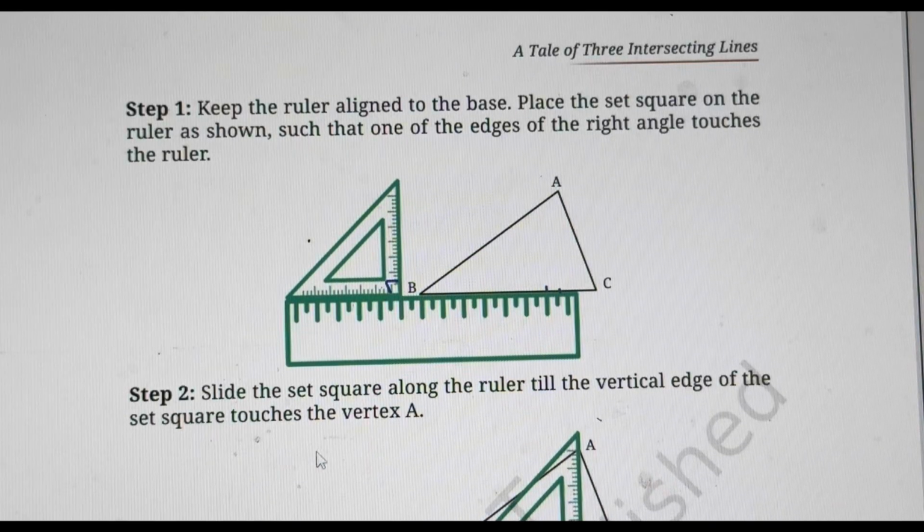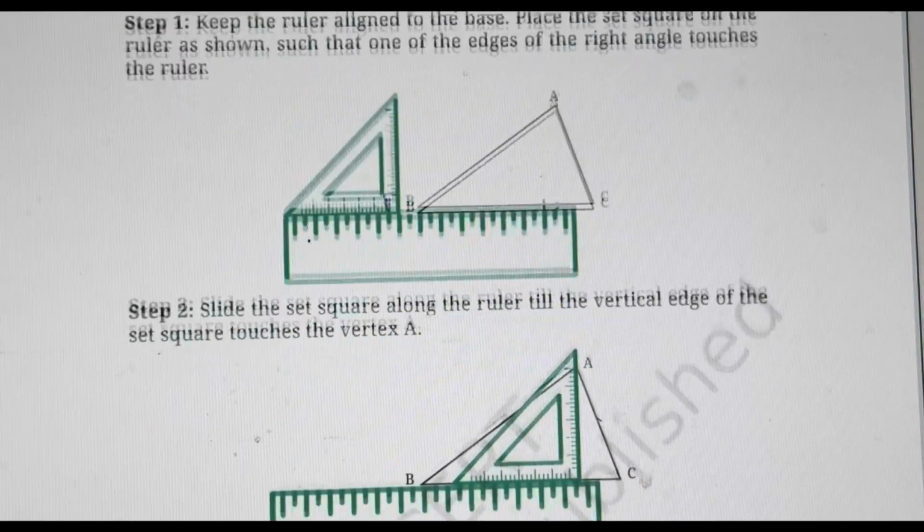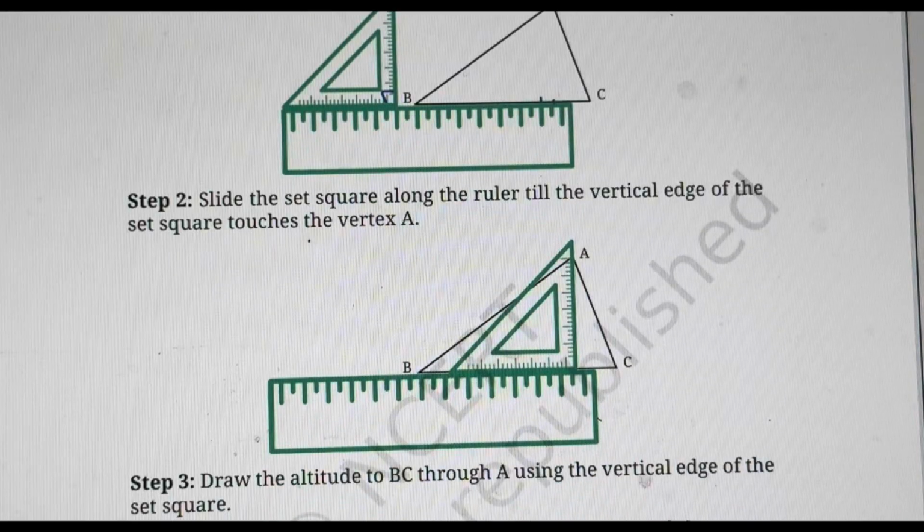And then slowly slide it along the ruler till the vertical edge of the set square touches this vertex A. When it touches here, just draw a straight line from A to BC. This is how you get the altitude of a triangle.